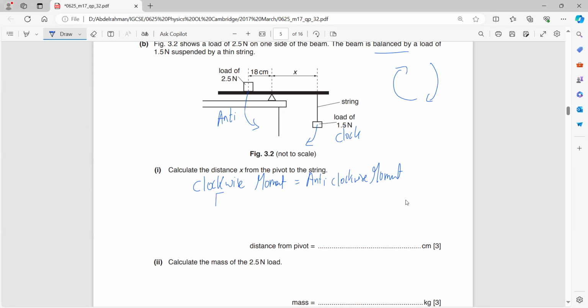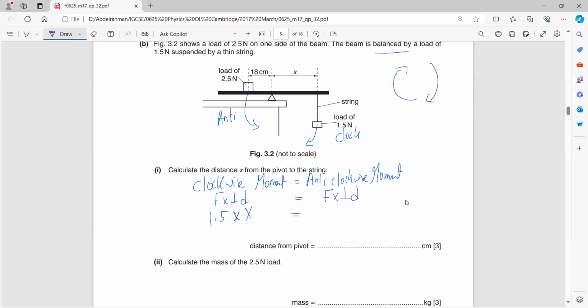How do I calculate moment? Force times perpendicular distance, and on the other side, force times perpendicular distance. The clockwise moment is 1.5 times the distance x. I do not know distance x.